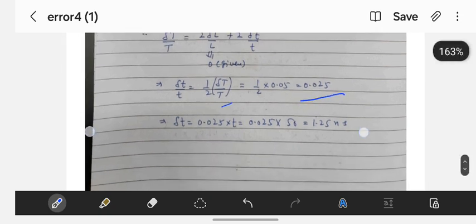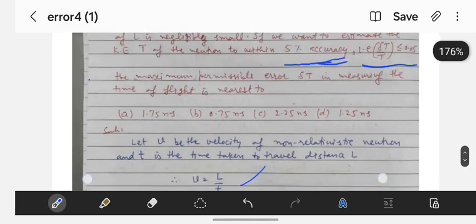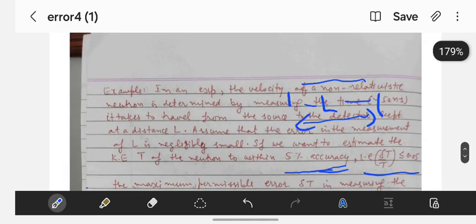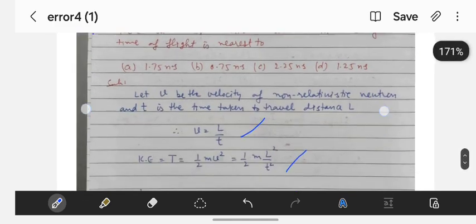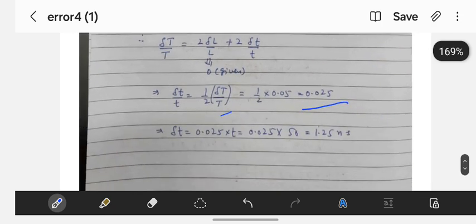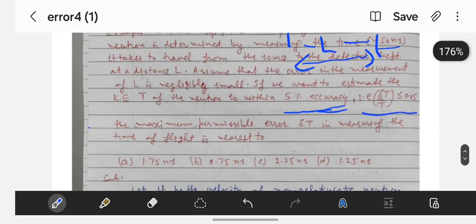From here we can know delta t, because the small t is also given, 50 nanoseconds here. So just substituting 50 times 0.025 will give us 1.25 nanosecond. So that will be the error in measuring the time. So just correct this in the question, it's small t, not capital T.